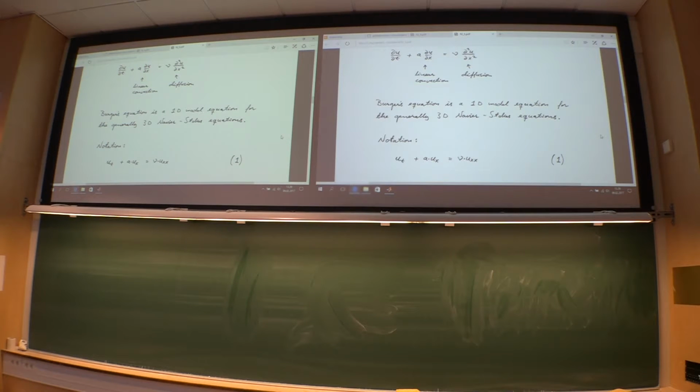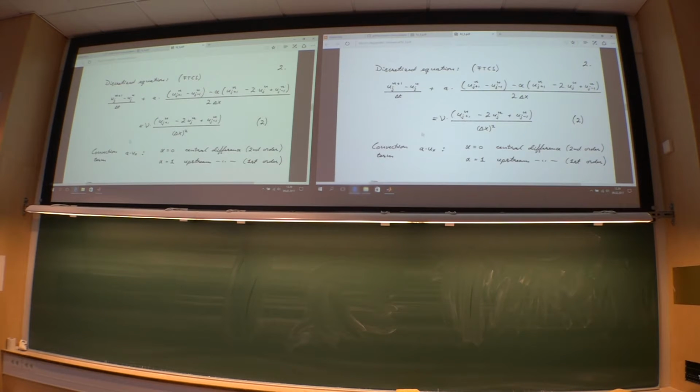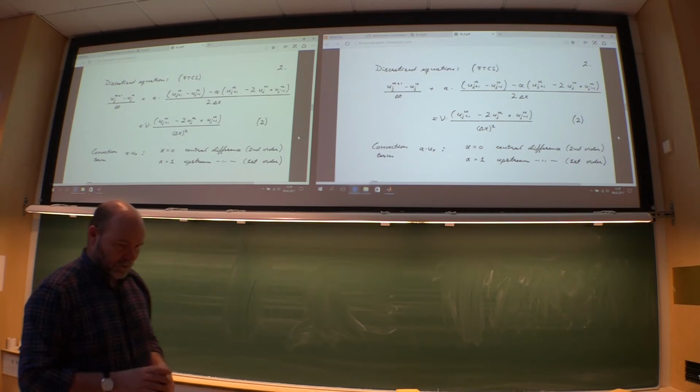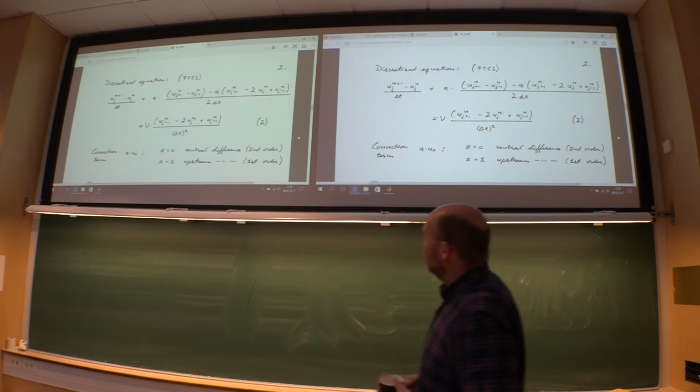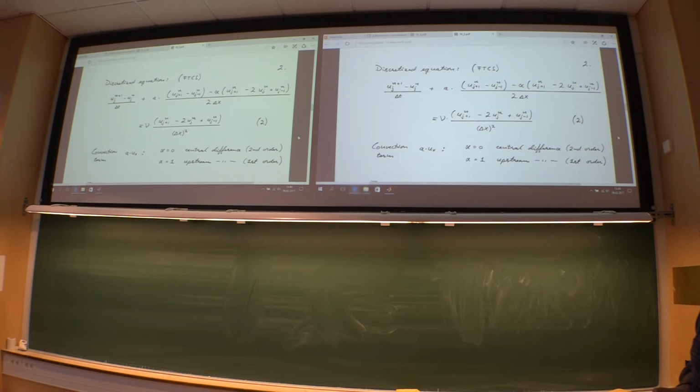So equation 1, this is my original. That's where we start, the original partial differential equation, one-dimensional in space, and of course also in time. Here we now have an FTCS scheme, but not a pure central scheme. I have mixed it as a hybrid scheme.